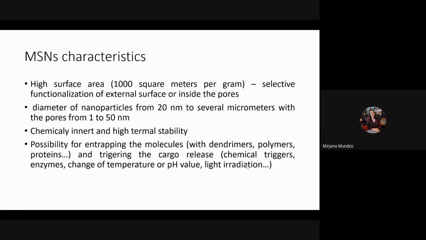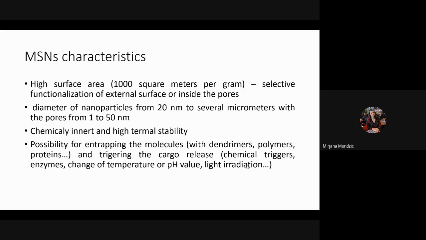MSNs have some great characteristics for use as a system for bringing drugs to a specific area, because they have a high surface area. So selective functionalization of the external surface or the inside of the pores can be achieved. The pore diameters are only from 1 to 50 nanometers, which is great.